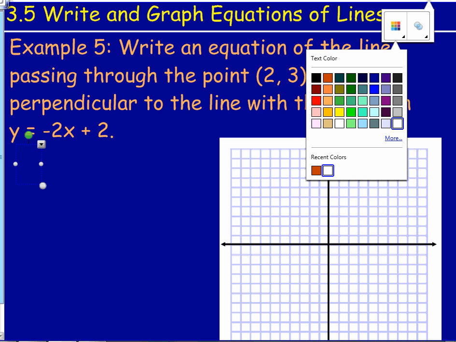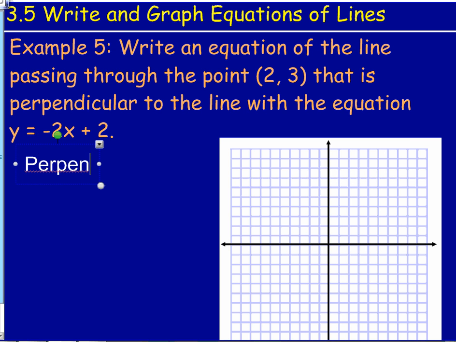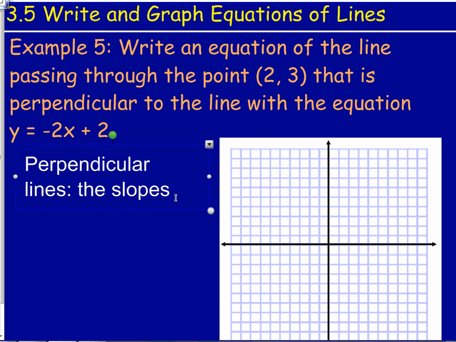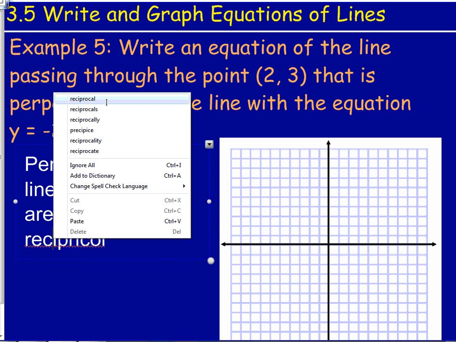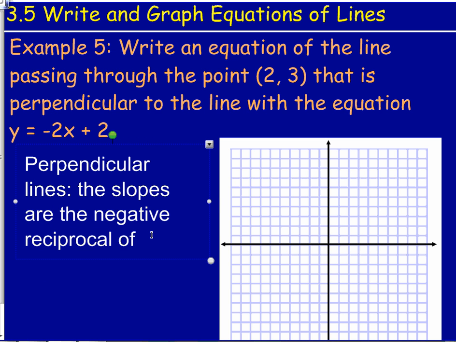So I'm just going to say perpendicular lines, the slopes are the negative reciprocal of each other. Okay?